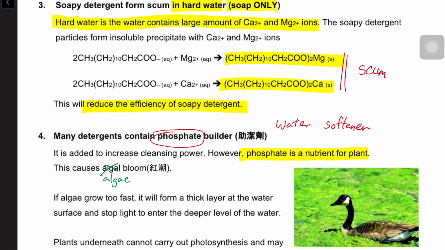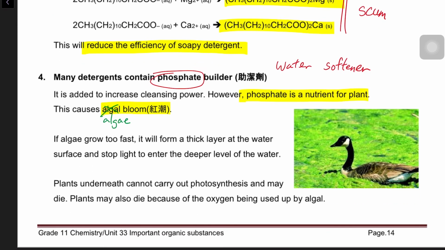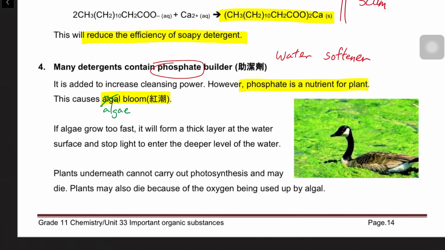The algae will grow very, very fast, and then they will block the sunlight and make the plants underwater unable to perform photosynthesis because there is no sunlight penetrating inside. As a result, they will die. And the story happened again.